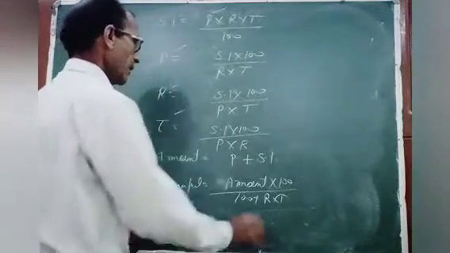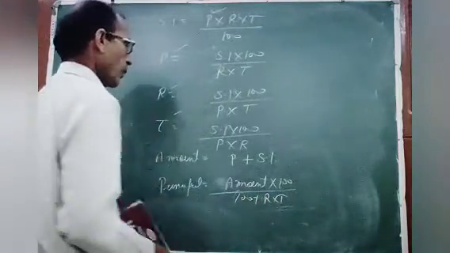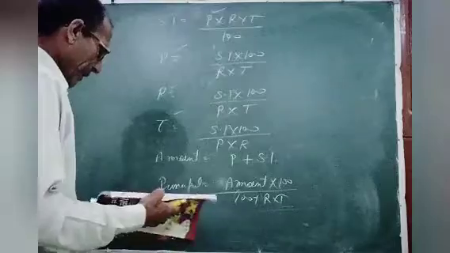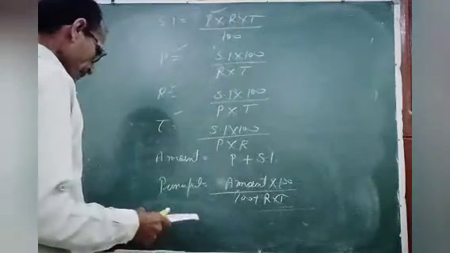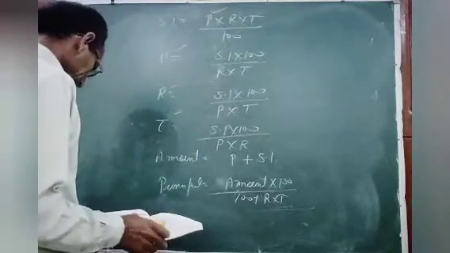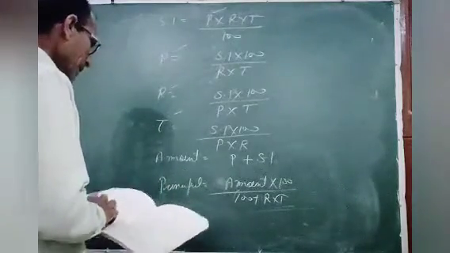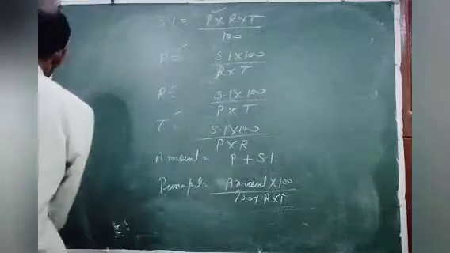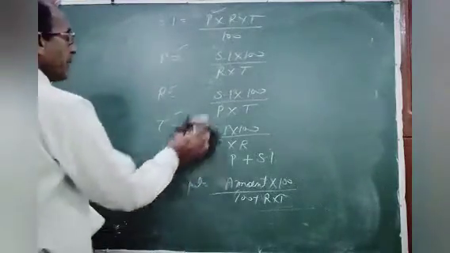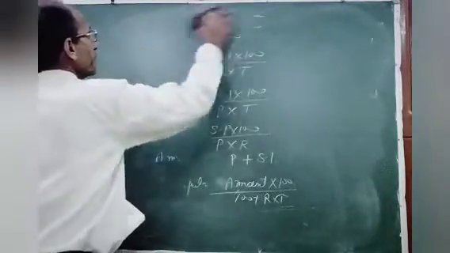So this is the formula for finding the principal directly if amount is given. Now some questions related to this, very simple. So there should be no problem. First learn the main points and then apply this.